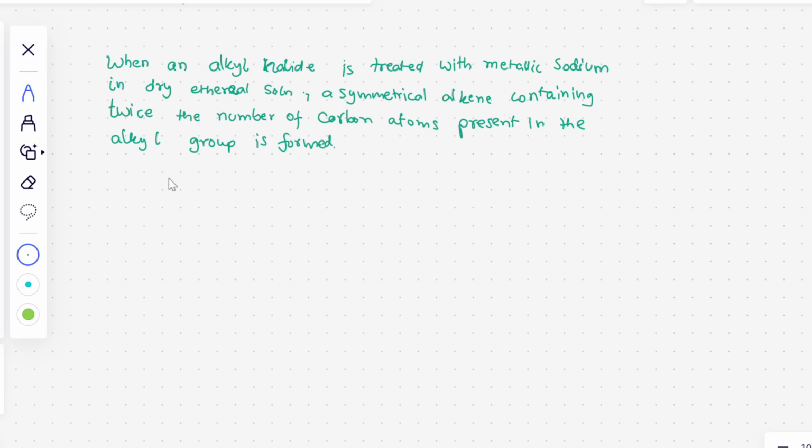What does this mean? Let's take an example. This is the Wurtz reaction.